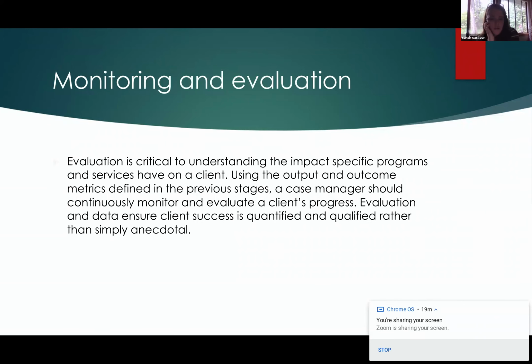Monitoring and evaluation is critical to understanding the impact of our programs. If our programs aren't working, then we need to change something. Something that I've noticed at my job is that our evaluations fluctuate depending on our staffing, how many folks we have in the program, and who's actually teaching the groups. We will get different feedback about the program, and we'll see more or less of a change on folks' standardized measurement scores depending on those dynamics.